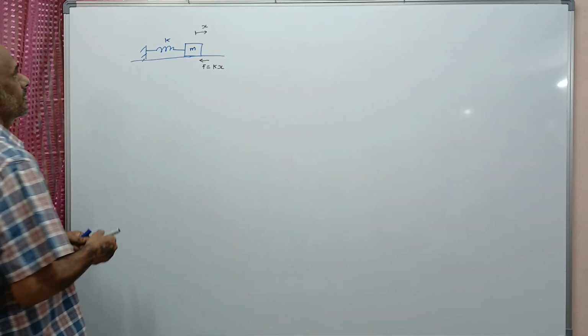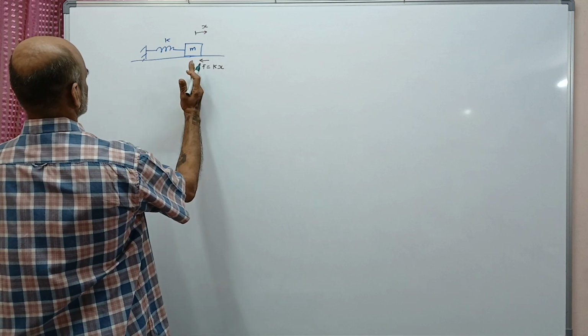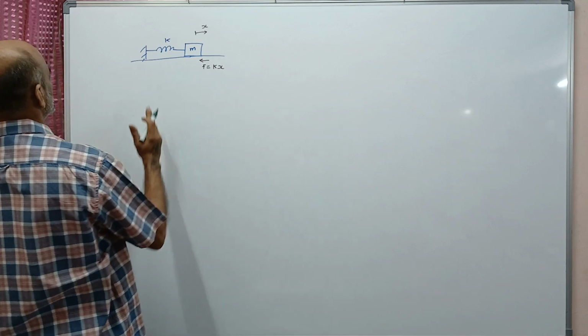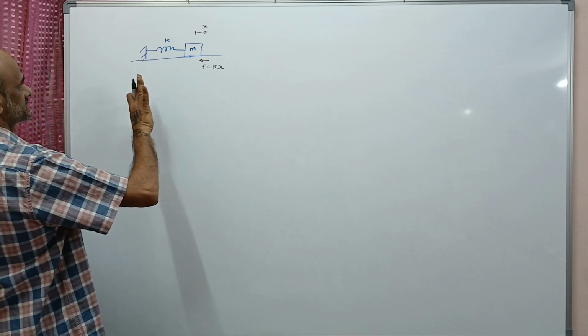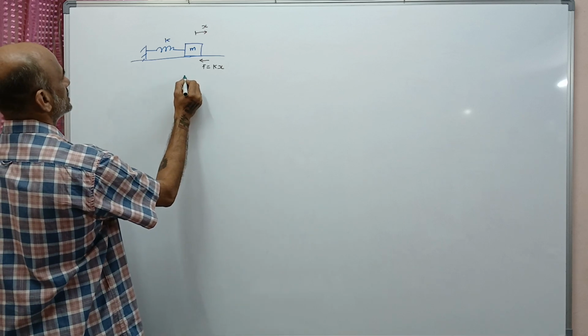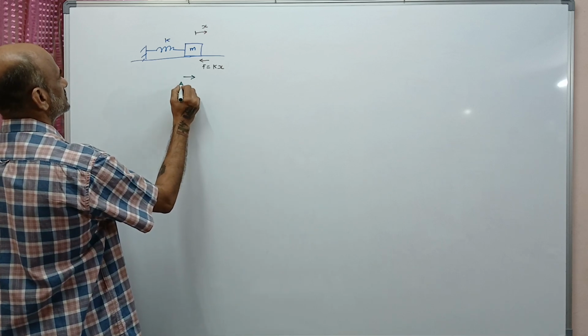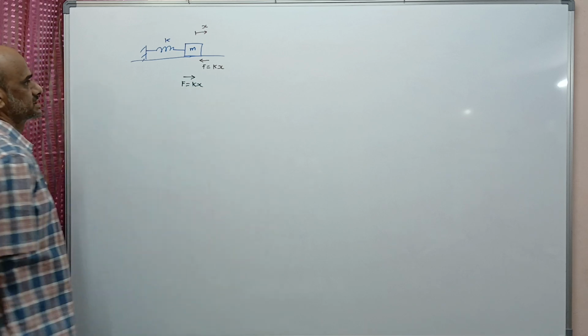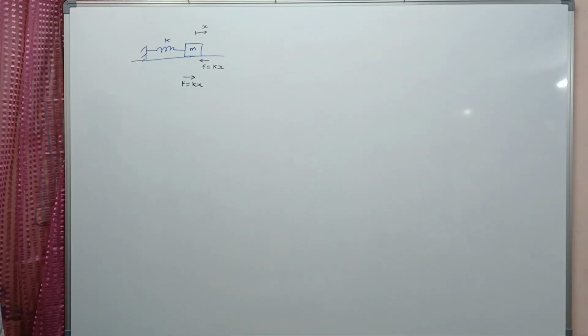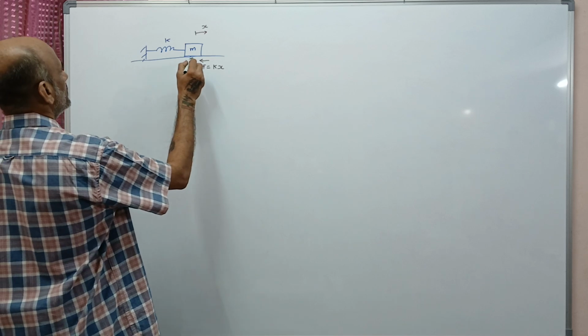Now suppose if I compress this spring by pushing the mass towards the spring, then the compressed spring will try to push it back towards the mean position with a force K into x. So the direction of force is always towards the mean position.